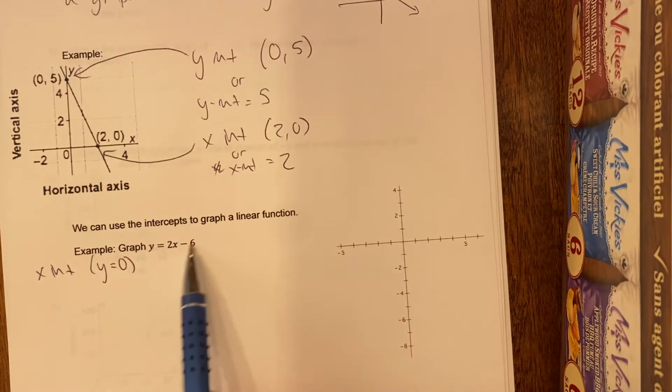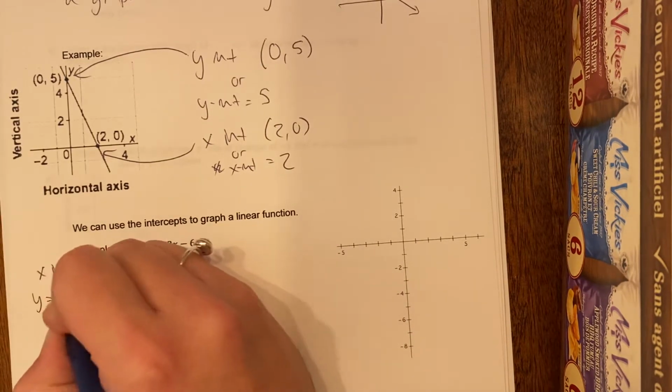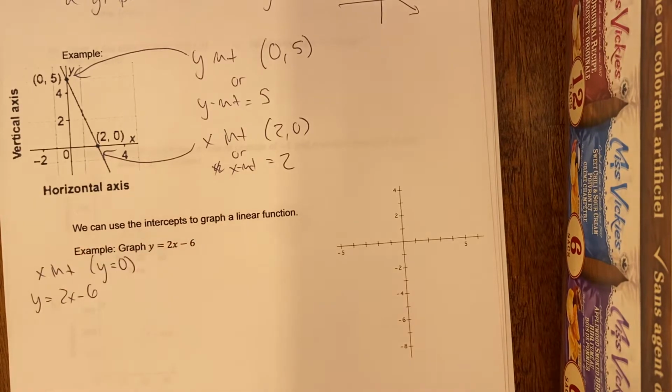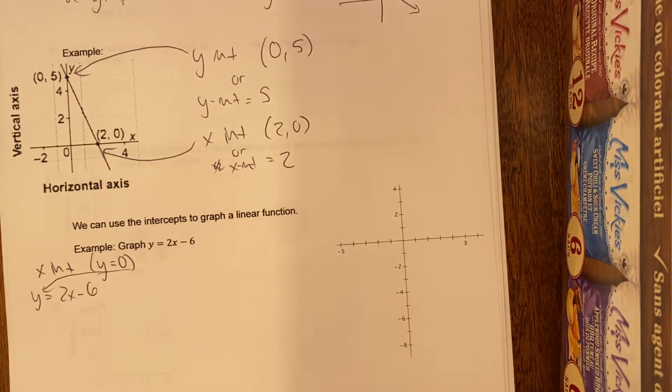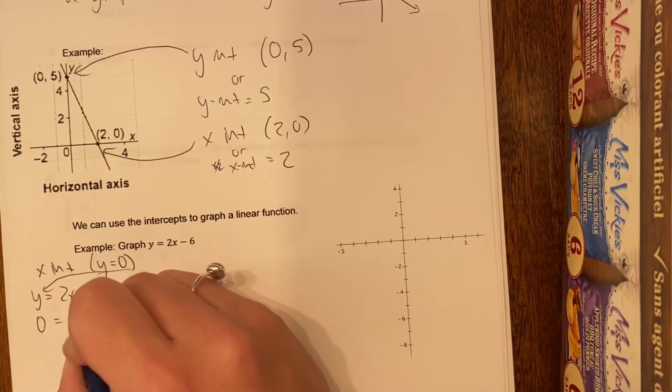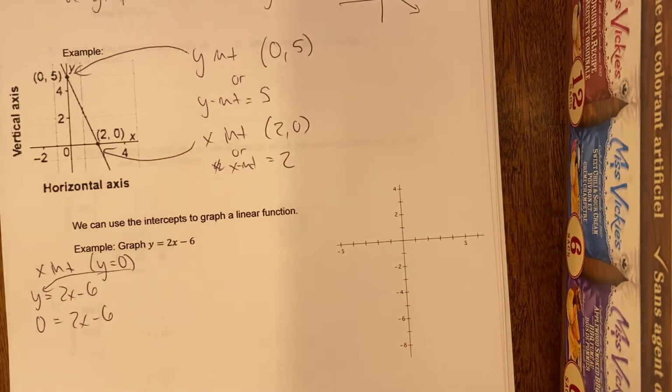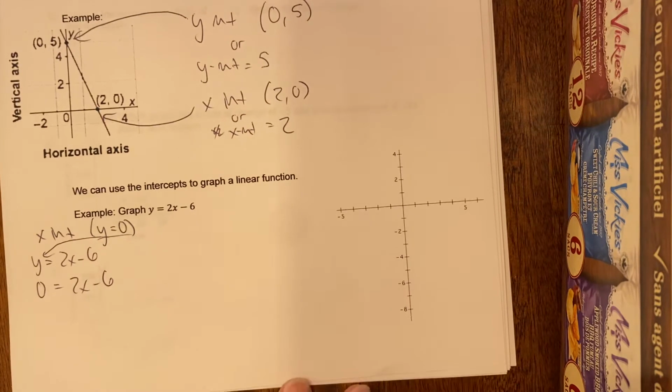So when I take a look at my function here, y equals 2x minus 6, I'm going to substitute y equals 0 in for y, and we're going to solve for that x value. Now we're substituting it in because I know that y will equal 0 for my x-intercept, and I want to figure out what x is. So 0 equals 2x minus 6. And let's try and get this x value by itself.